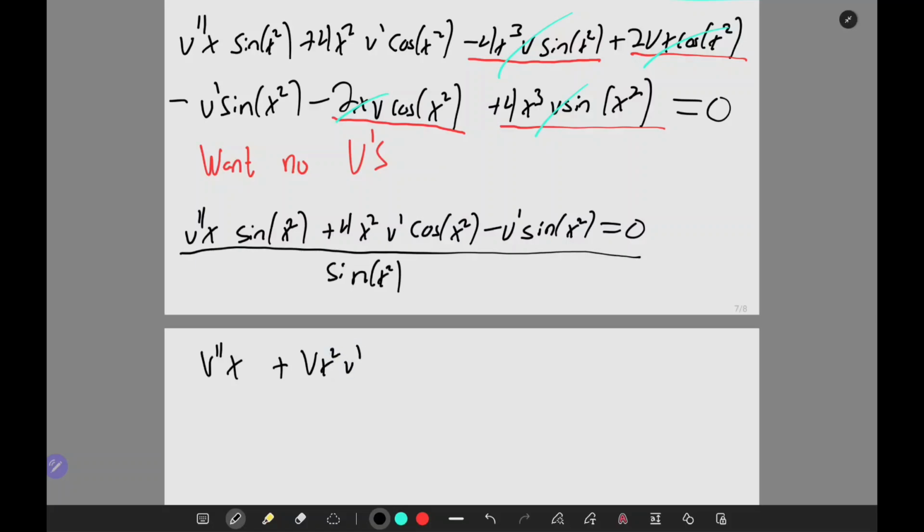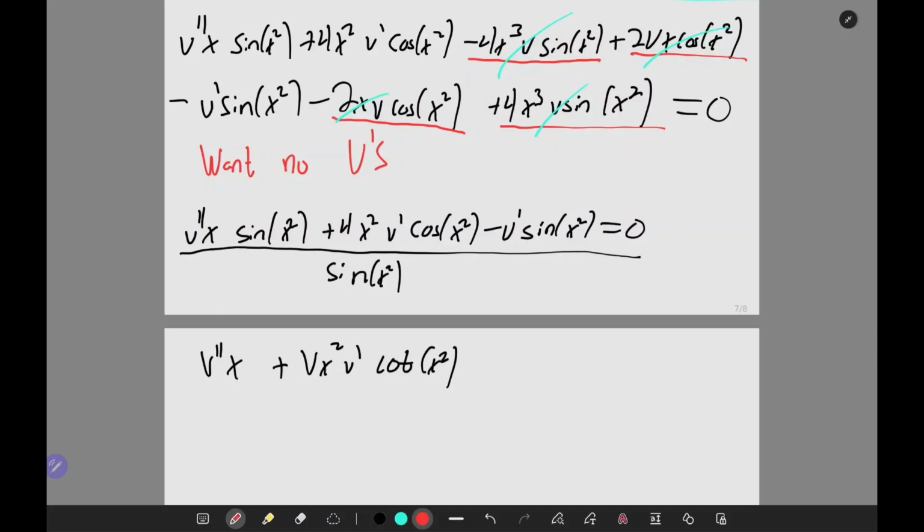Now remember, cosine over sine is cotangent, right? So this would be cotangent of x squared. This is, once again, a trig identity.